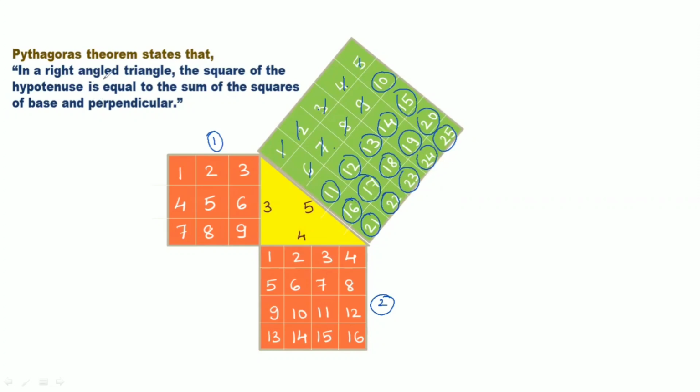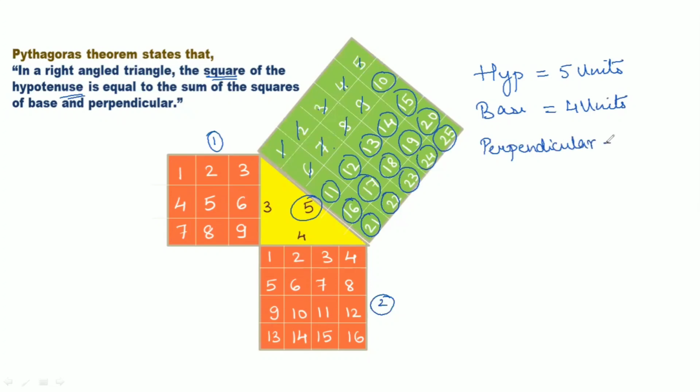Which means that in a right angle triangle, the square of the hypotenuse, here in this case 5 units, whereas the base is 4 units and the perpendicular is 3 units, is exactly equal to the sum of the squares of the other two sides, that is base square plus perpendicular square.